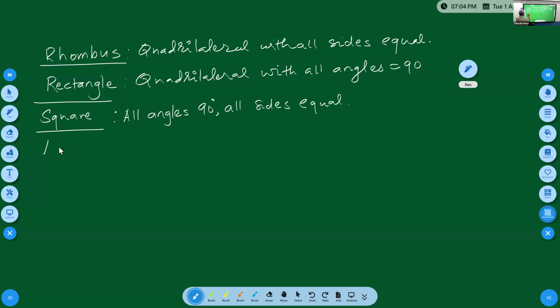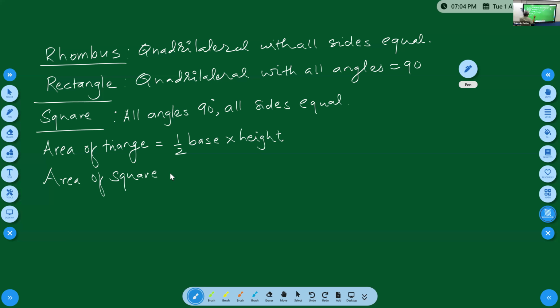Area of triangle is half base into height. Area of square is side into side.